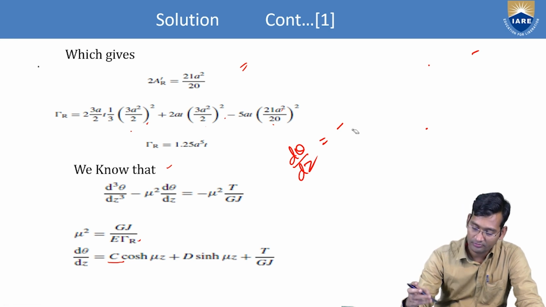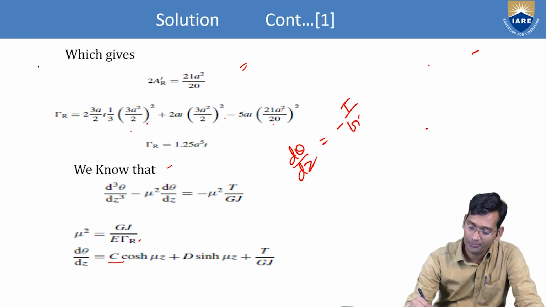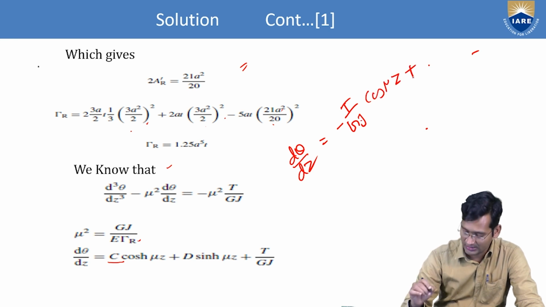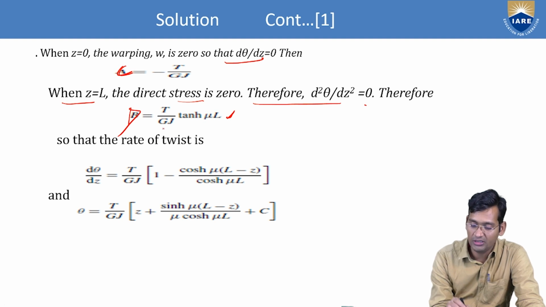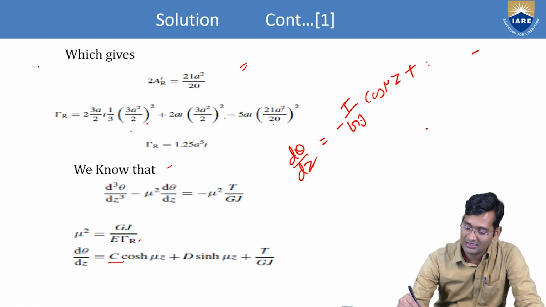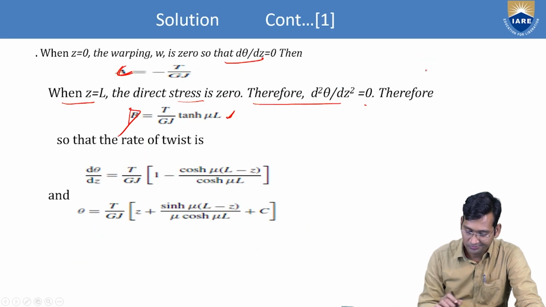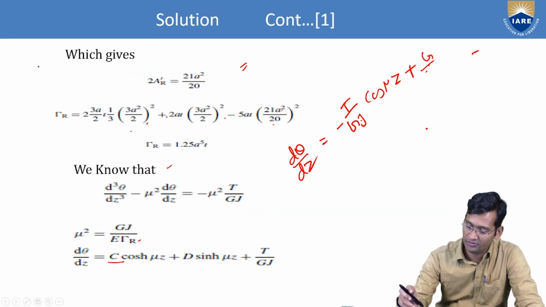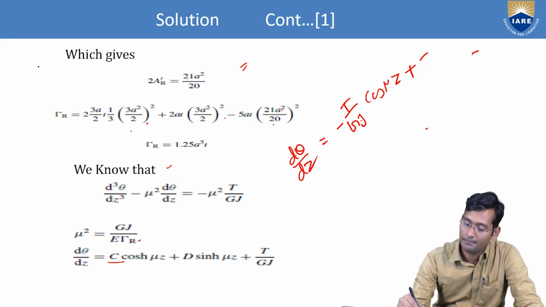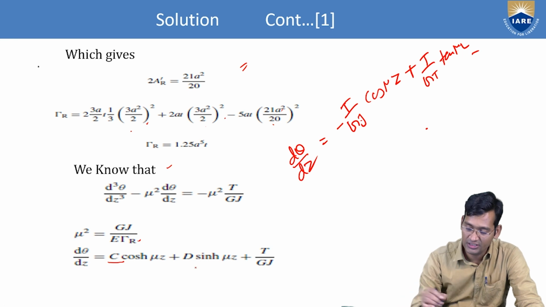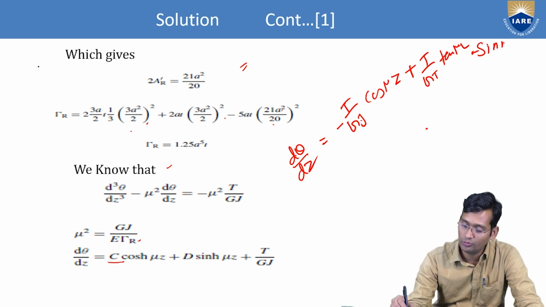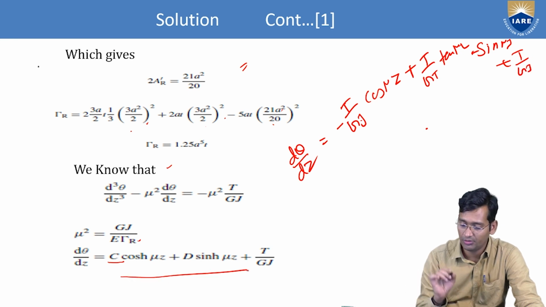Minus t by gj, okay, cos mu z plus d, what we got here? t by gj tan mu L, so plus t by gj tan mu L, right? Into sin mu z plus t by gj. So now this equation becomes this one.